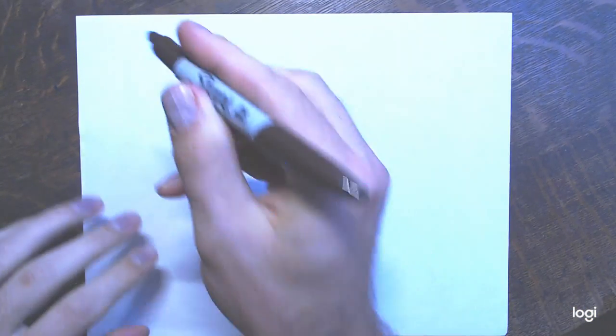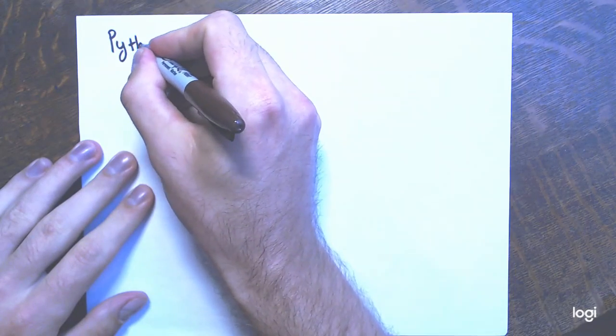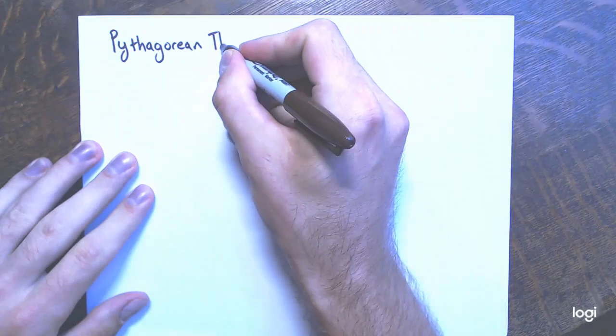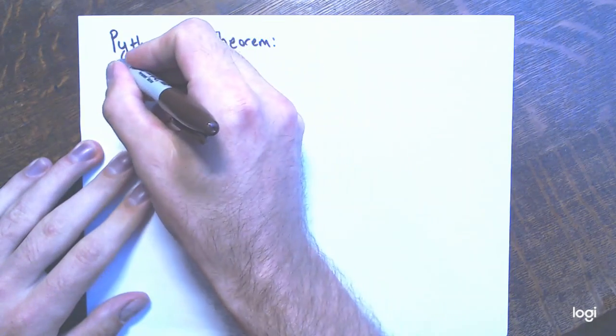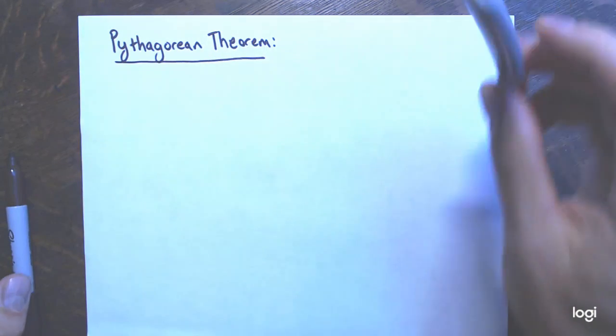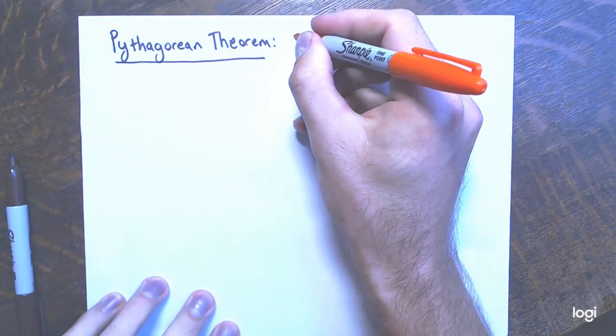My first page is going to simply be about the Pythagorean theorem. Alright, so this is a theorem, a statement about right triangles only.